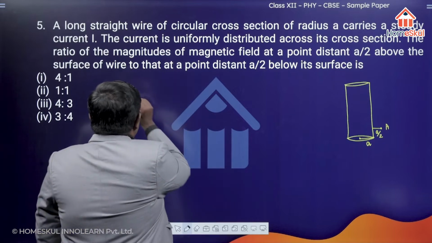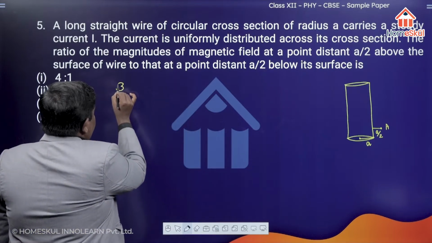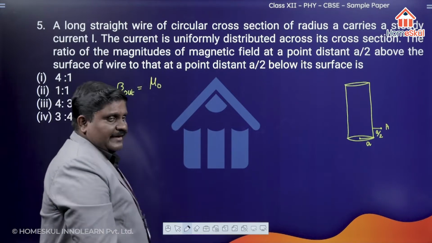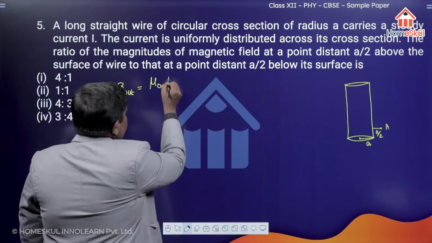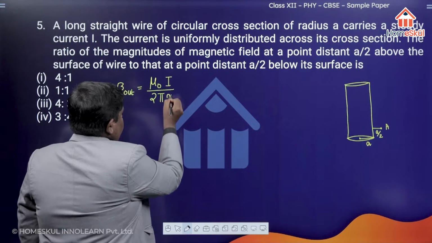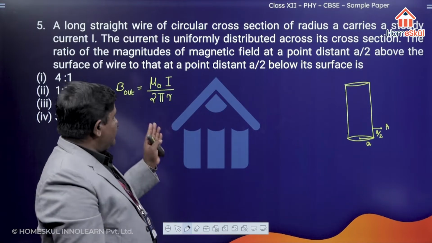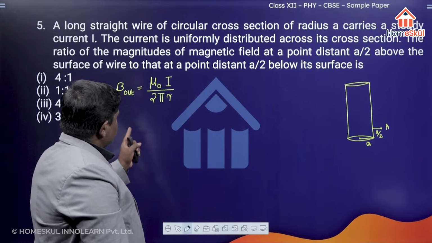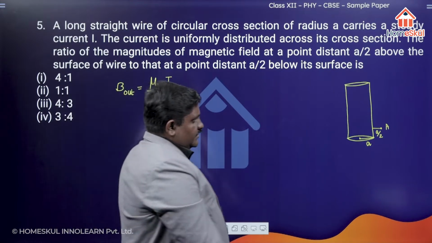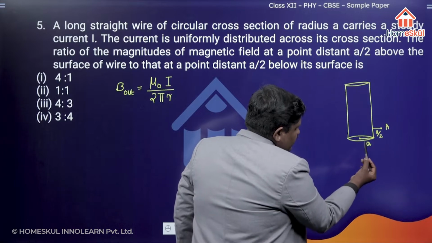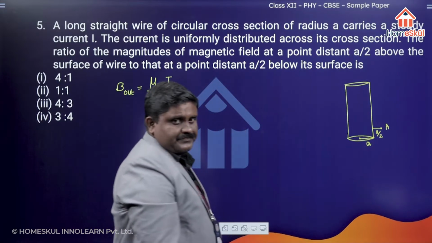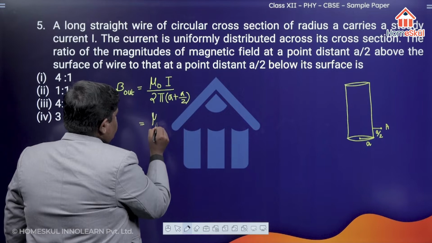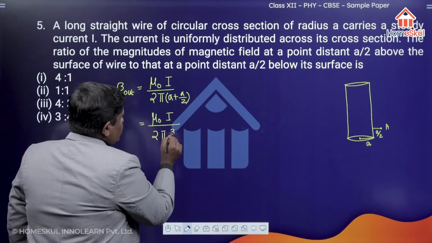For that we use the expression for the magnetic field due to a straight conductor, B outside equals mu 0 I by 2 pi r. Here the current is I. The point A lies from the center at a distance A plus A by 2. So it is mu 0 I by 2 pi into 3A by 2.